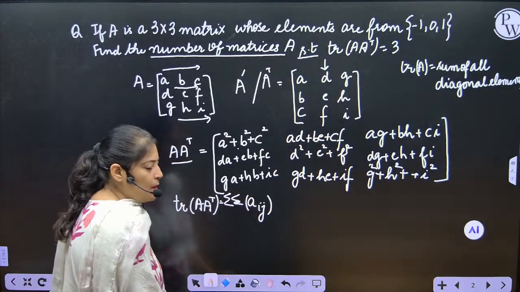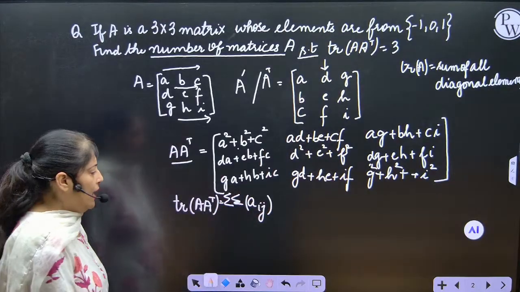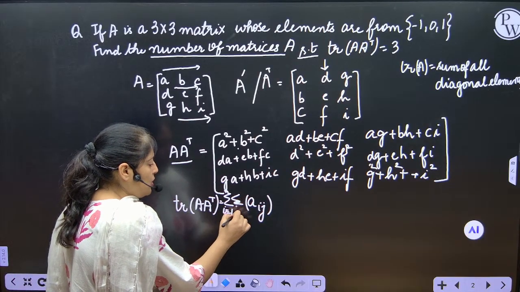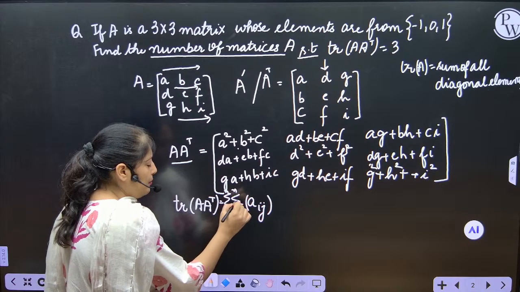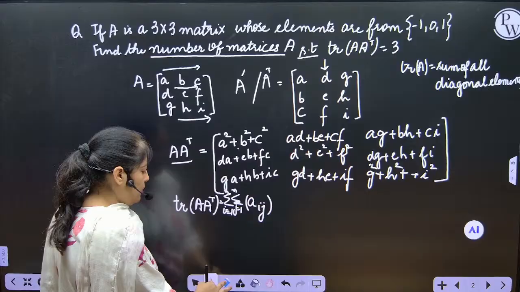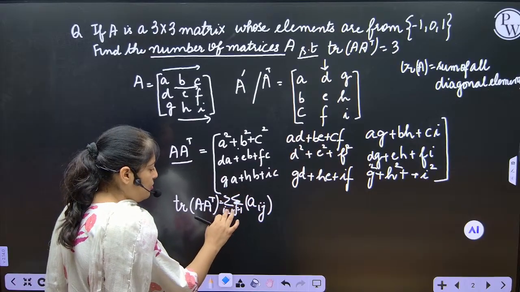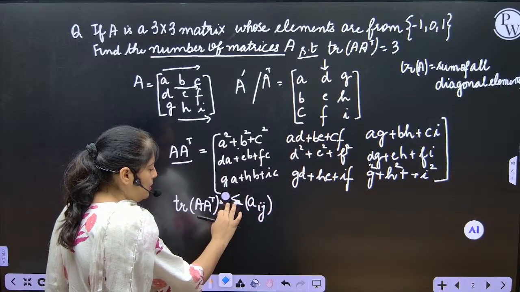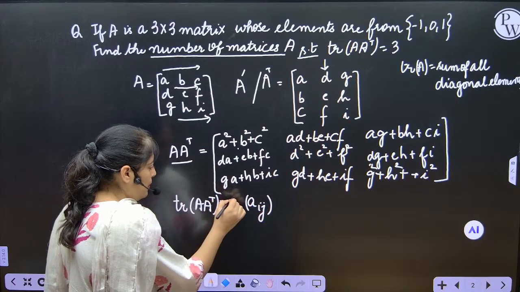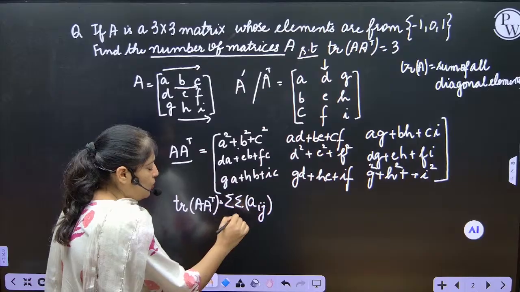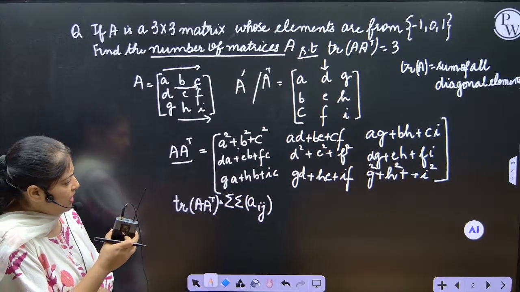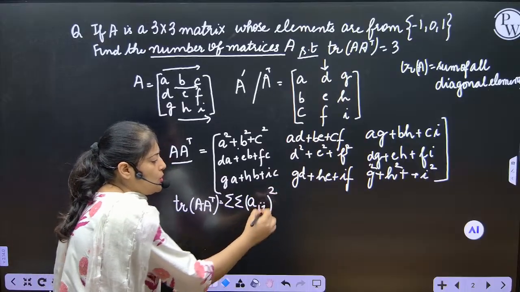Sigma means summation. i will go from 1 to n, j will also go from 1 to n. Just I'm writing sigma not to confuse you people. So sigma over j also, sigma over i also. So it is nothing but its whole square.